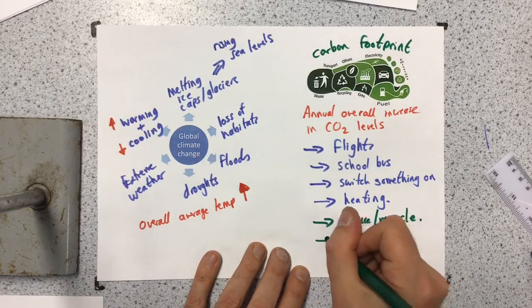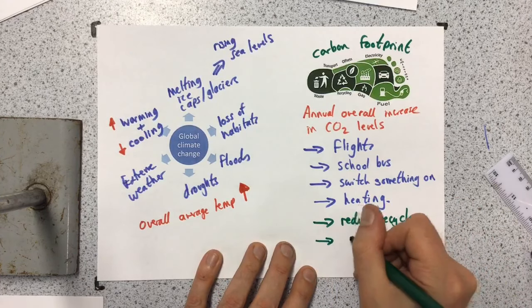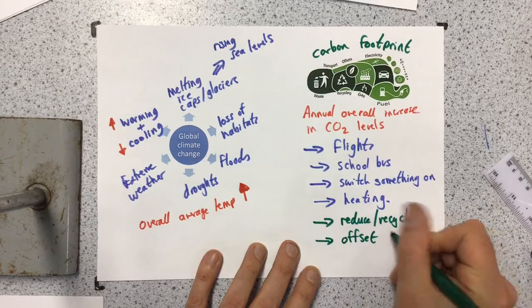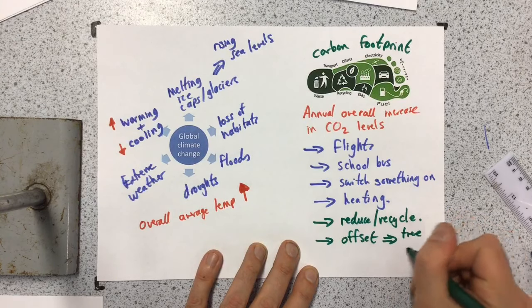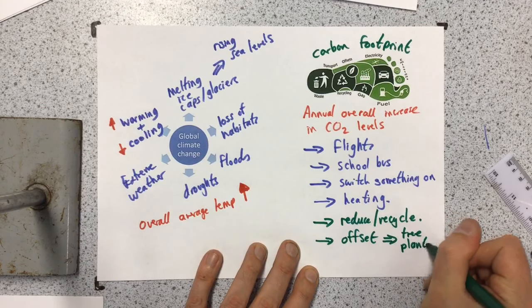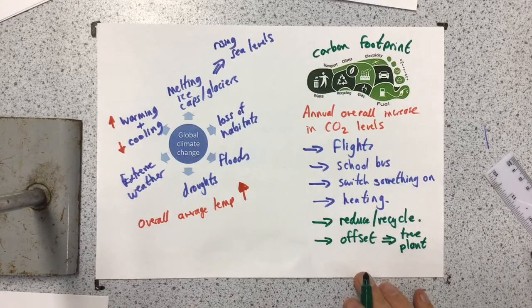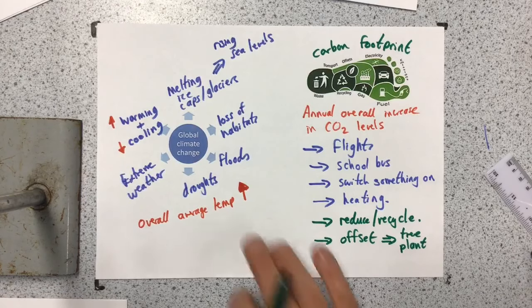The other things you can do are things like you can offset your carbon by doing things like tree planting. Some airlines will ask you if you want to offset your carbon, and what they will do is they will charge you a few quid extra and they will plant some trees. Okay? So that's your carbon footprint.